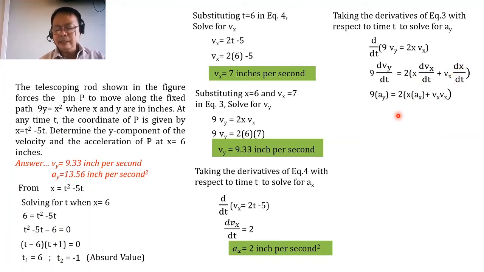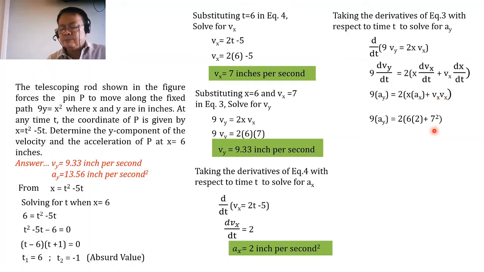But then again, we know that this dvy over dt is our y component of the acceleration, as well as dvx over dt is our x component, and dx over dt is our x component of the velocity. And so when we simplify, you would have here 9 a sub y equal to 2x a sub x plus vx squared.